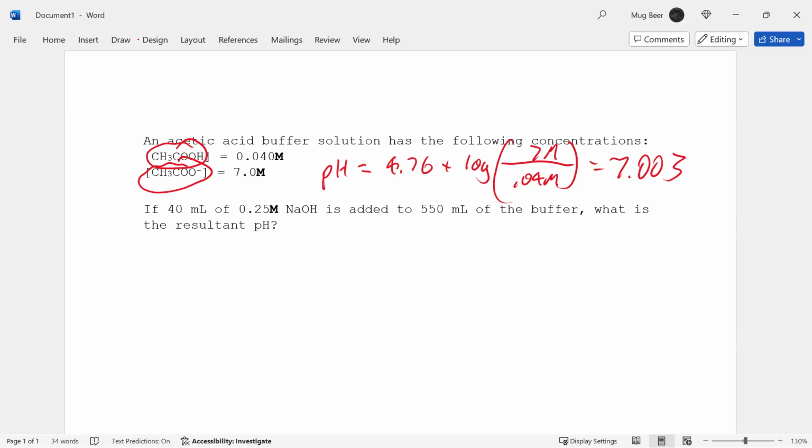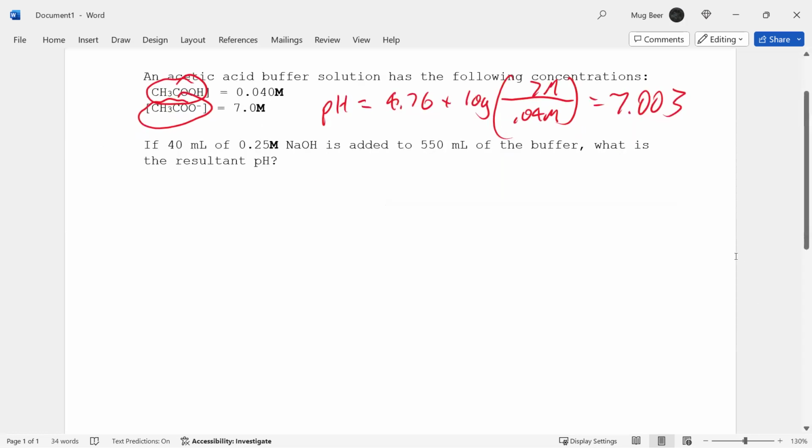Okay. So how do I figure out what's going to happen with the buffer's concentrations? Because again, what we're trying to do is figure out pH. What we need to do is see how these two things are affected, so we're going to build a mathematical construct to deal with this for us. The first thing we need to know is the moles of everything.